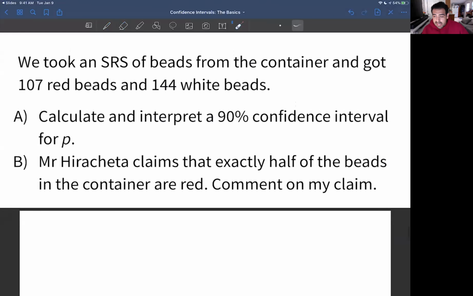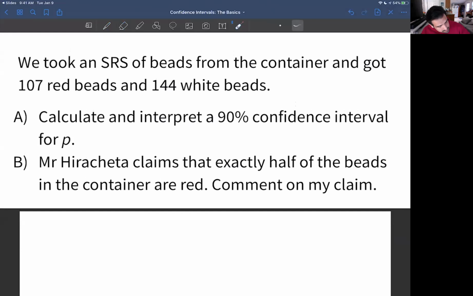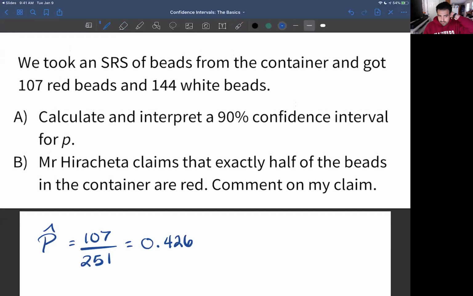We know that p hat from earlier was the 107 beads over the 251 total, giving us 42.6%. That's our point estimate. We've already checked the conditions, so we don't need to do that. Let's just go straight into calculating our interval.